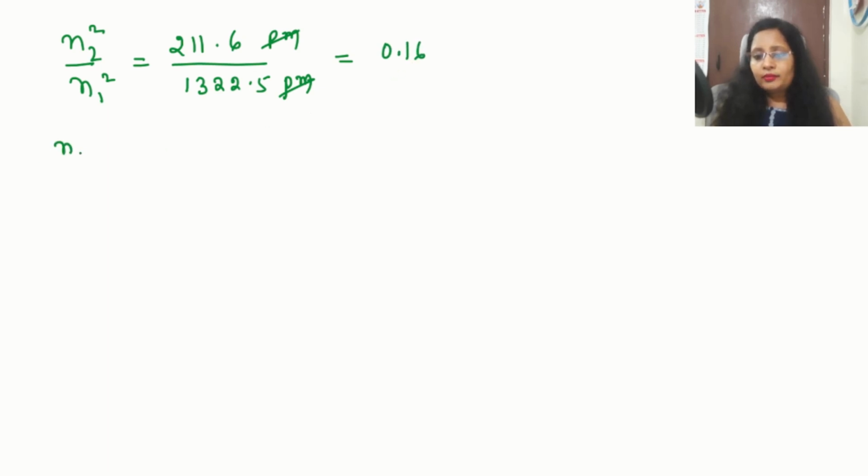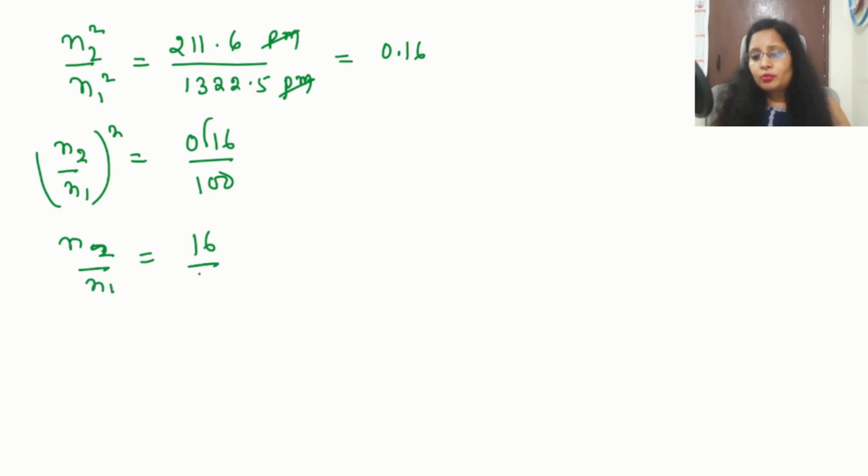Now we can write (n2 upon n1) whole square is equal to 0.16. Now if we remove the decimal, it becomes 16 upon 100. And from here we can write n2 upon n1 is equal to the square root of 16 upon 100.